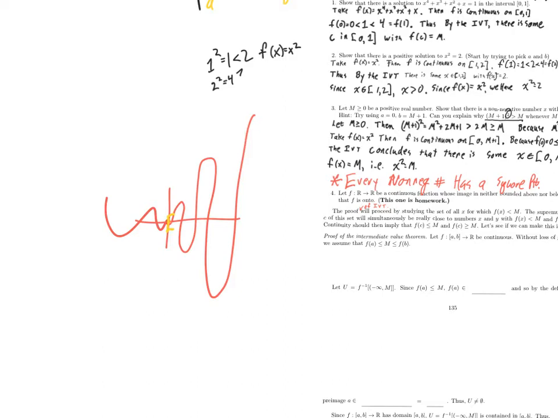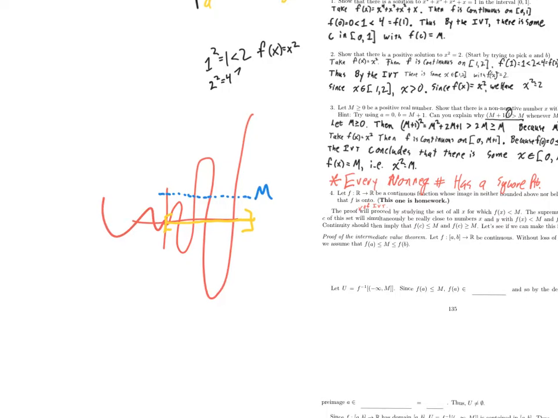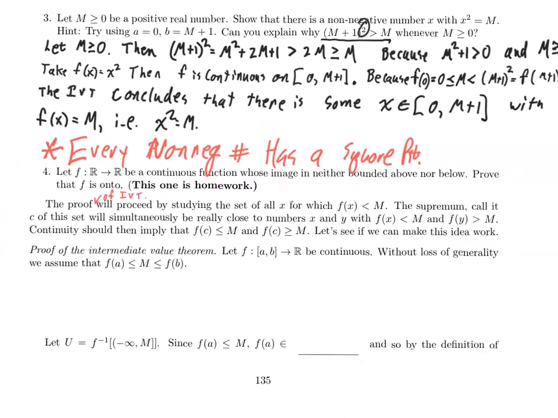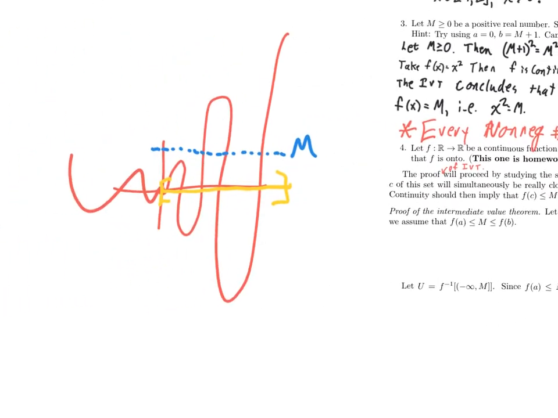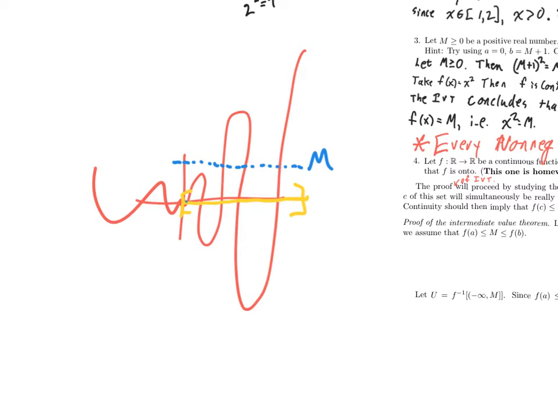Say on that domain with this choice of m. So the proof will proceed by studying the set of all x's for which f of x is strictly less than m. So let's do that. So this x value, so I'll trace out the bit of the graph where the y values are less than m. There they are.